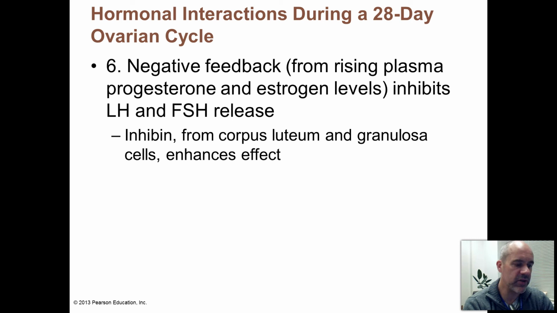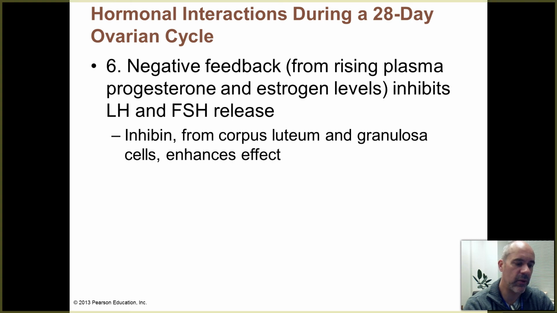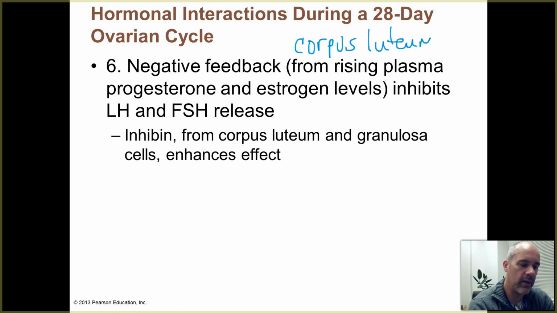All right, we have some additional negative feedback that's going on here. All right, so your corpus luteum here is producing progesterone and estrogen, and those get into the blood. That's why it says plasma progesterone and estrogen.